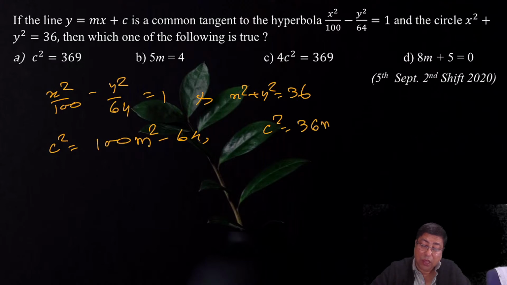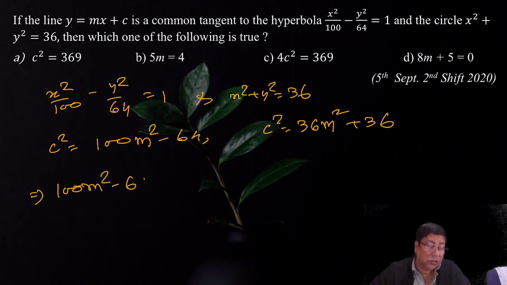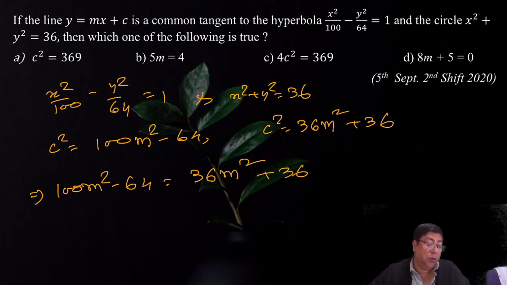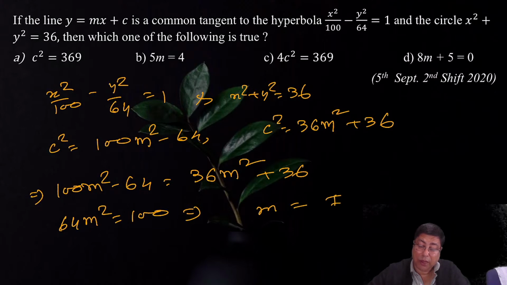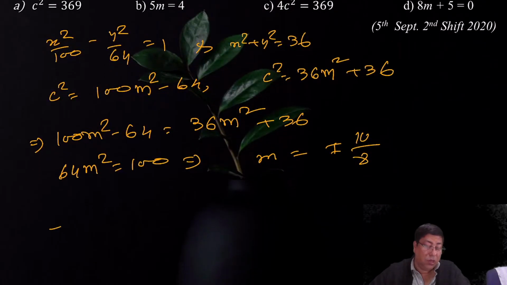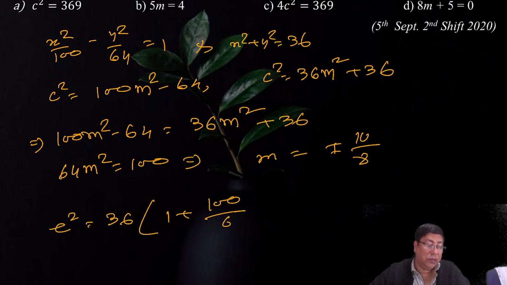So c square equal to 36 m square plus 36. So we can write 100 m square minus 64 equal to 36 m square plus 36. So what is there? 64 m square equal to 100. So we can write m equal to plus minus 10 by 8. So c square equal to 36 into 1 plus 100 by 64.